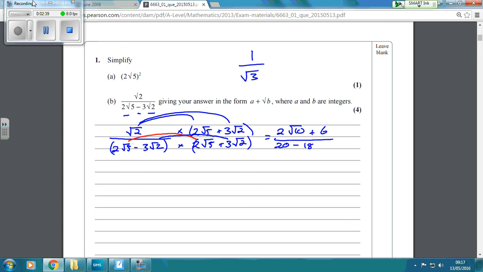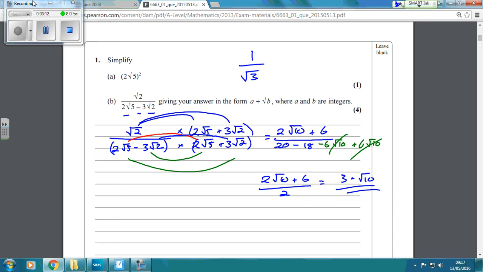And then with all these questions, you've got the things that cancel out. So you've got the minus 6 root 10, then you've got the plus 6 root 10. So those two are going to cancel out. So what you end up with is 2 root 10 plus 6, and 20 take away 18 is going to be 2, which you then cancel down to 3 plus root 10, which is in this format here.